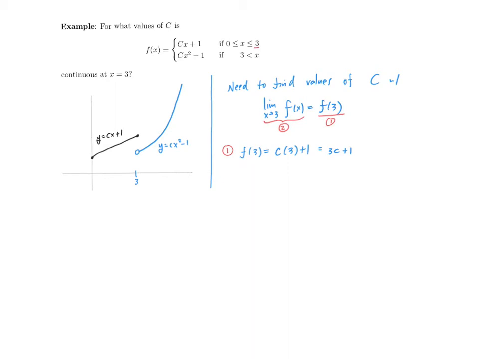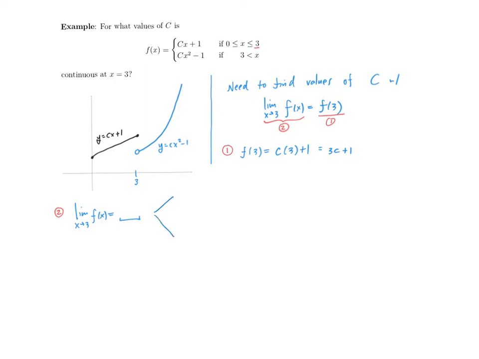If we want to determine the value of this limit, we need to go back to the ideas we've previously discussed when evaluating limits. That is, how is this defined to the left of 3, and how is it defined to the right of 3? So we're going to need to investigate left and right limits.